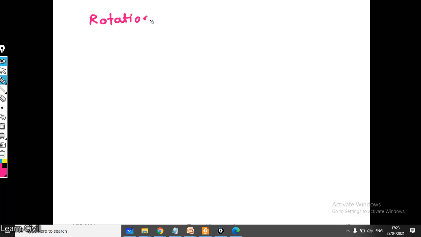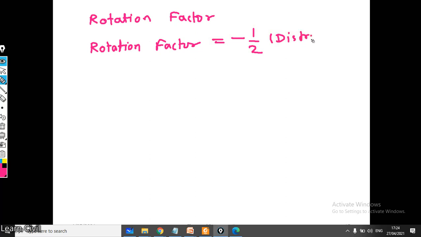This rotation factor is given by the equation: rotation factor is equal to minus half of distribution factor.